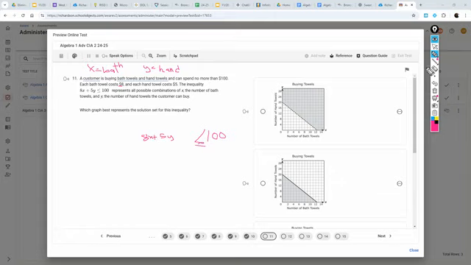I'm going to subtract 8x from both sides, and I'm going to cancel this out. So now I'm left with 5y is less than or equal to 100 minus 8x. Then I'm going to divide each term by 5.